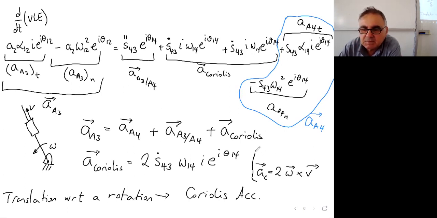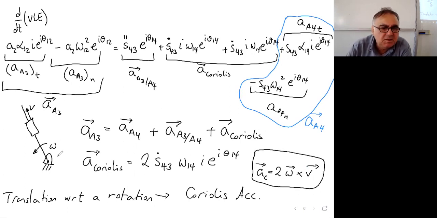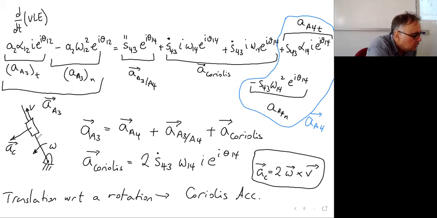This is the Coriolis component. So it has to be perpendicular both to v and omega. So the Coriolis acceleration is perpendicular both to the relative velocity and the angular velocity of the frame on which this thing is sliding.